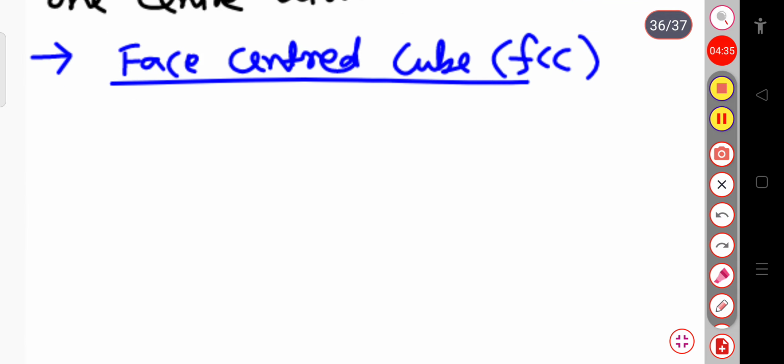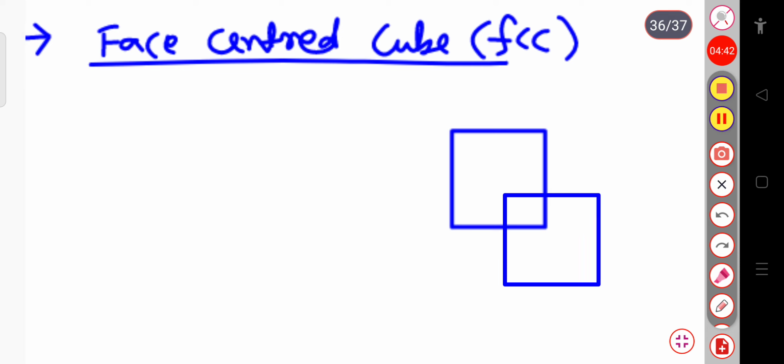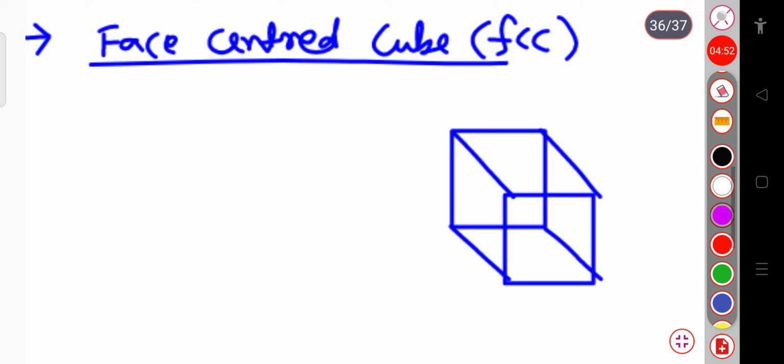So in the case of FCC, let me first draw a cube. Here I am drawing the unit cell. In this unit cell, first these are my corner atoms.